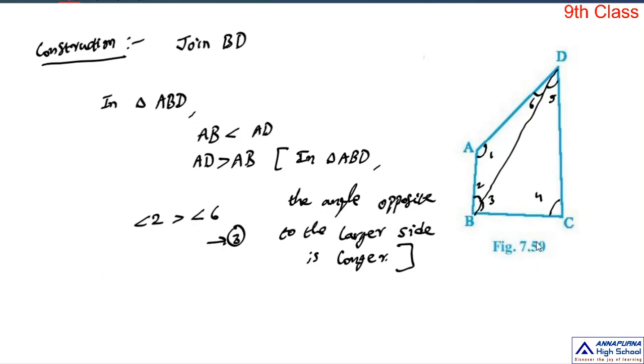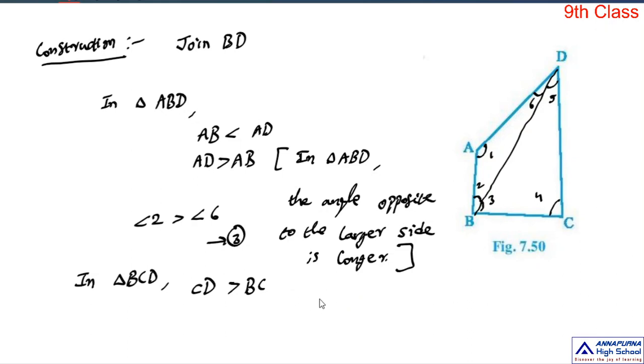Next we take triangle BCD. In triangle BCD, CD is the longest side of quadrilateral ABCD, and CD is the longest side in triangle BCD. So CD is greater than BC.